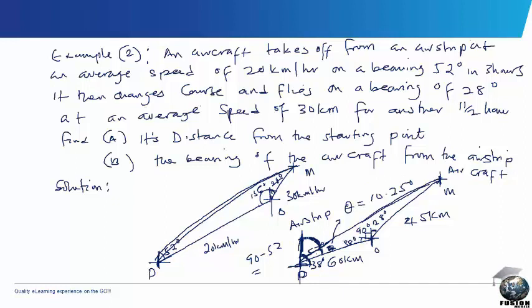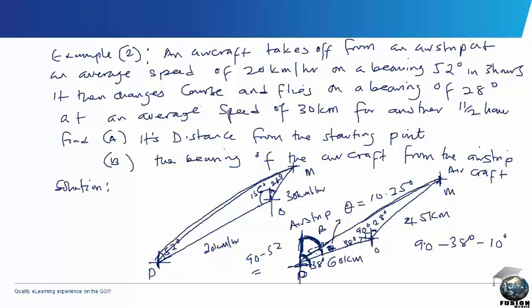Should I call the bearing beta? To find that bearing, remember that the whole of that angle is equal to 90 degrees, and so we have the bearing under the angle as 38 degrees, and then we've obtained theta as 10.26, or we can say it's 10 degrees.